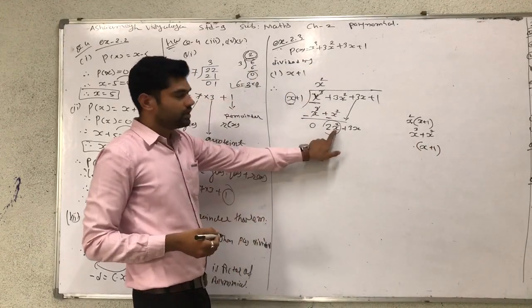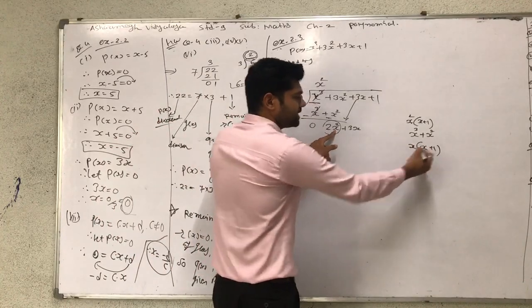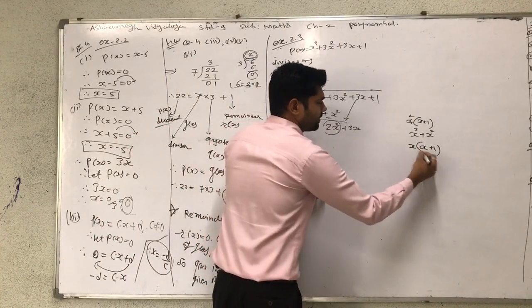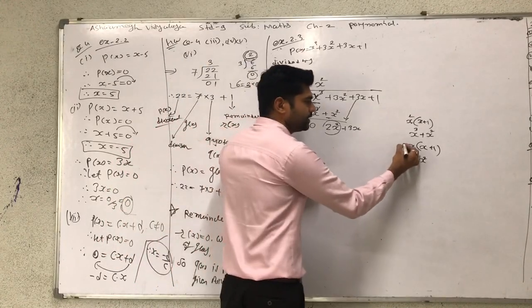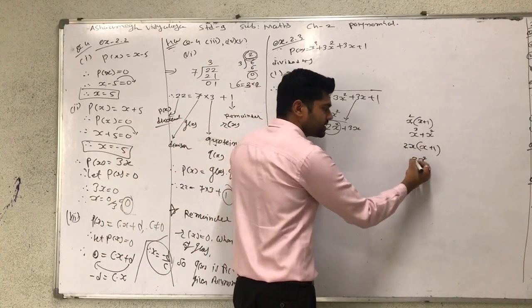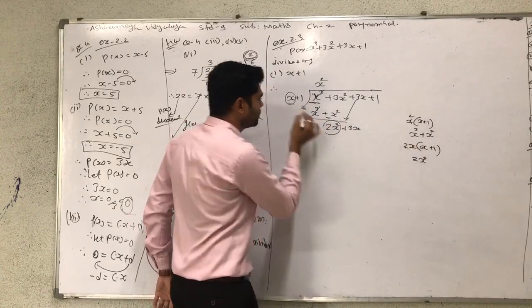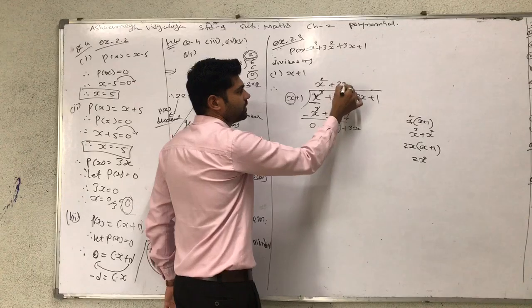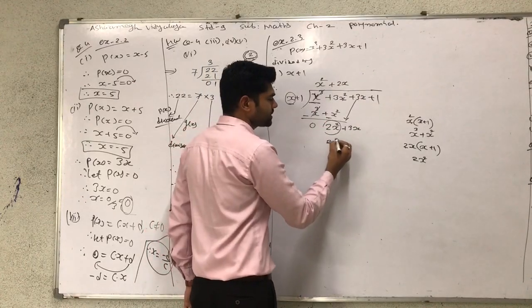First power will be same, so multiply by x into x square, but here it is 2, so this term multiply by 2x, so 2x into x, 2x square. It means x plus 1 multiplied by plus 2x and we get 2x square.